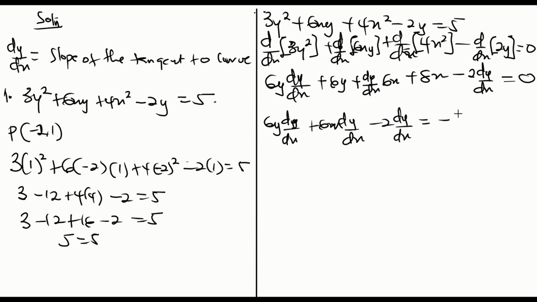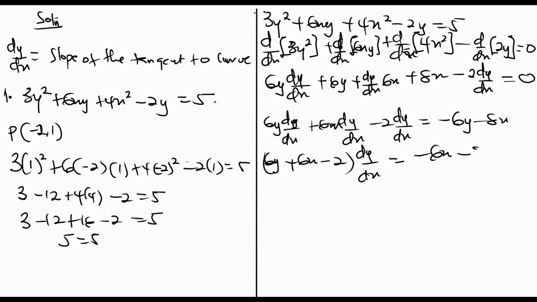When you send the 6y to the other side, it becomes minus 6y. When you send the 8x there, it becomes minus 8x. So we factor out our dy/dx. When we factor that out, we get (6y plus 6x minus 2) dy/dx, which is equal to minus 6y minus 8x.